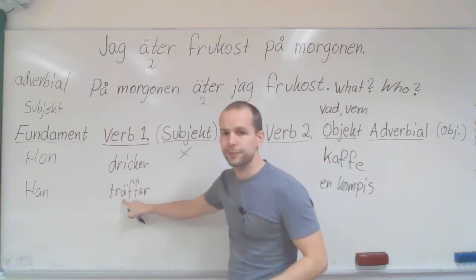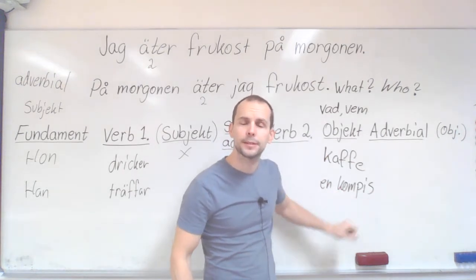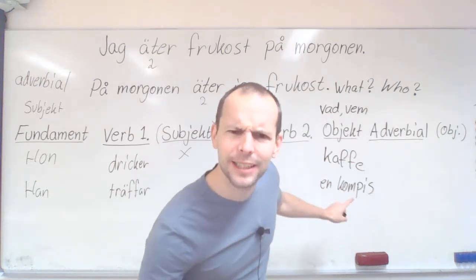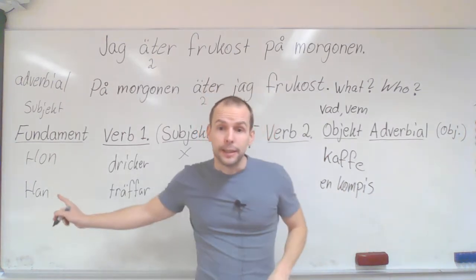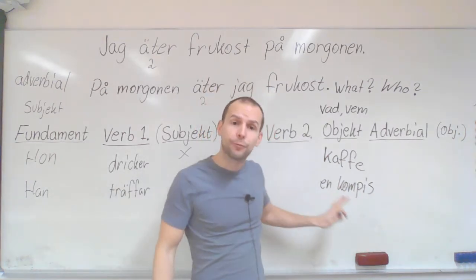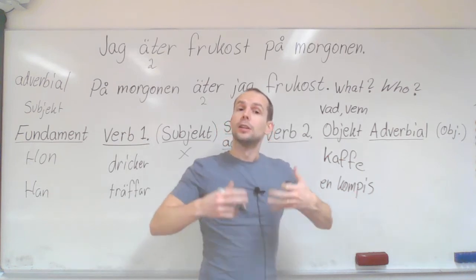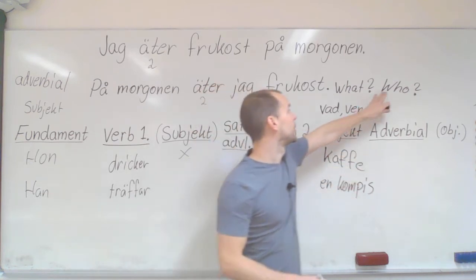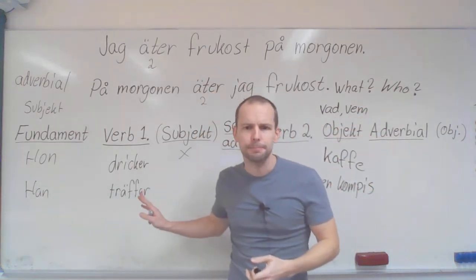For example, han träffar en kompis. Can you read this? Kompis. So, he's meeting a friend. Han träffar en kompis. So, here we can ask the question who? Who is he meeting?